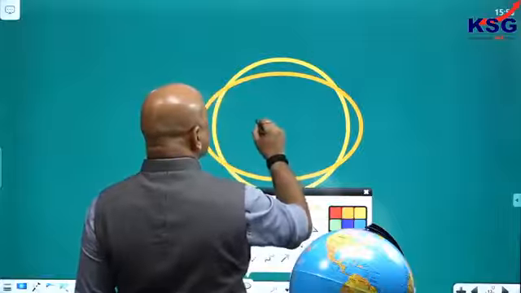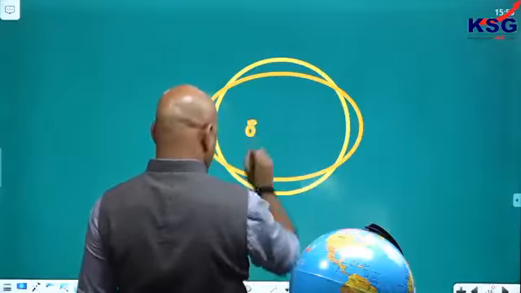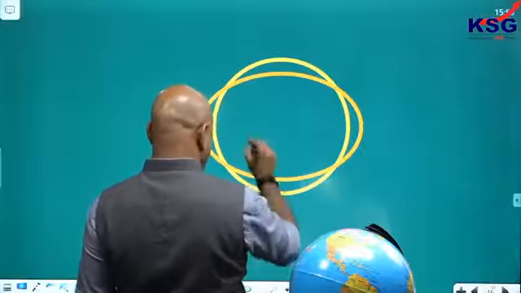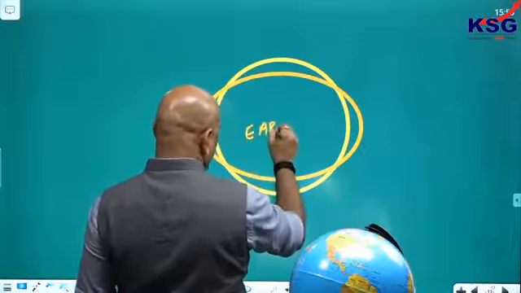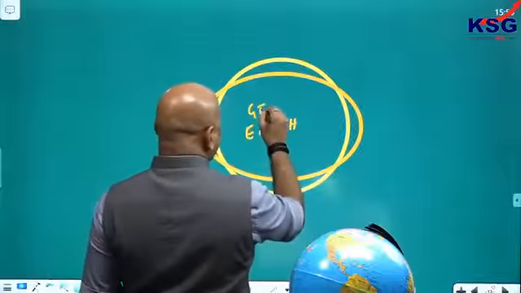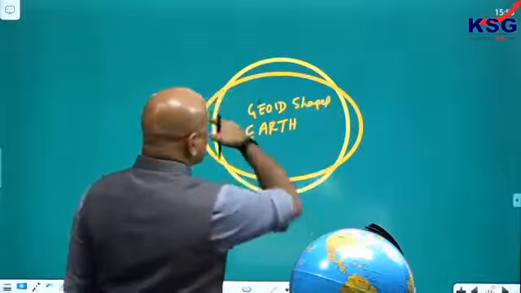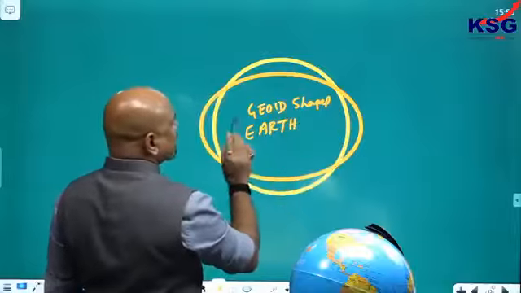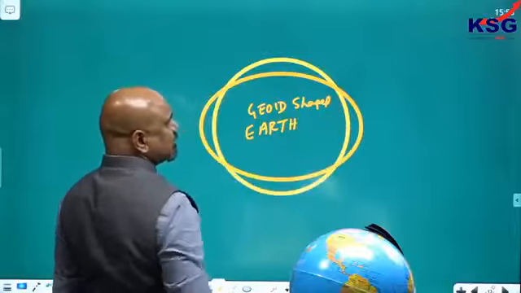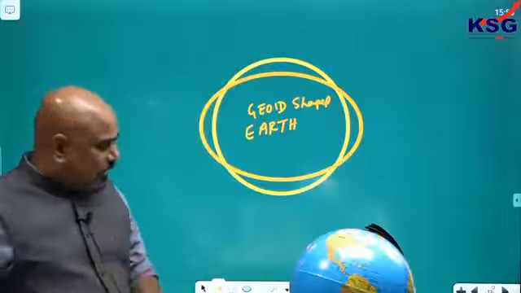This is the earth here. The geoid shaped earth is this one. This color, this is the geoid shape. The yellow color is the circle. Earth is not a circular one.